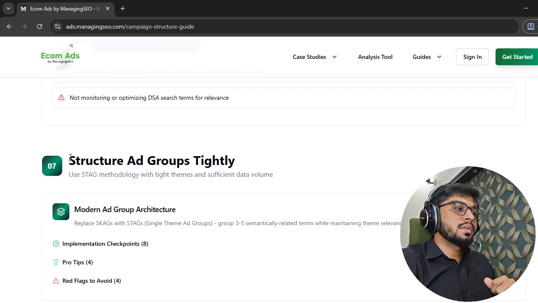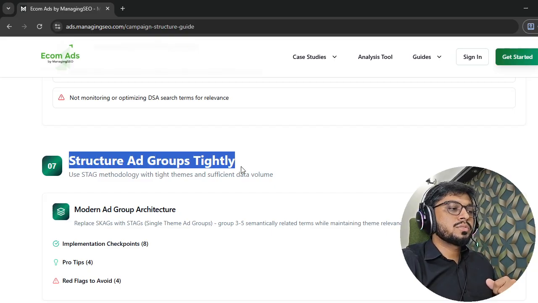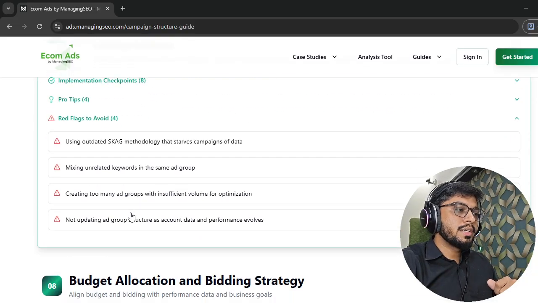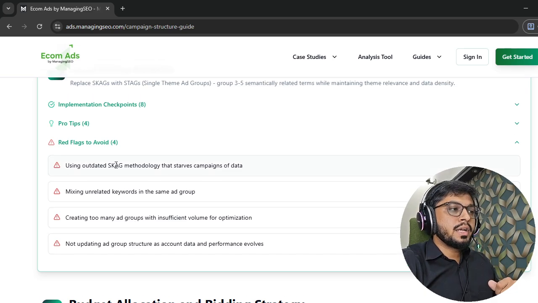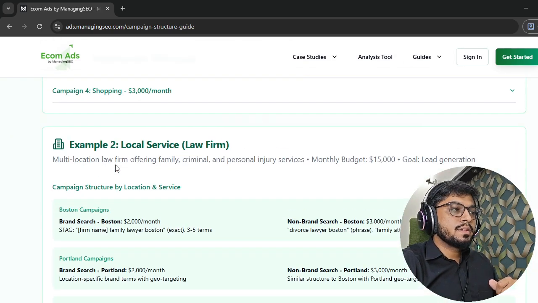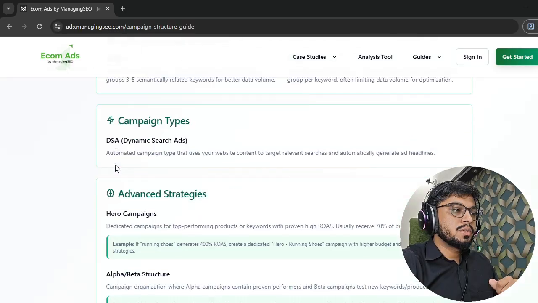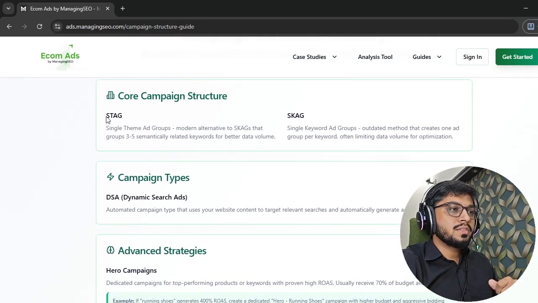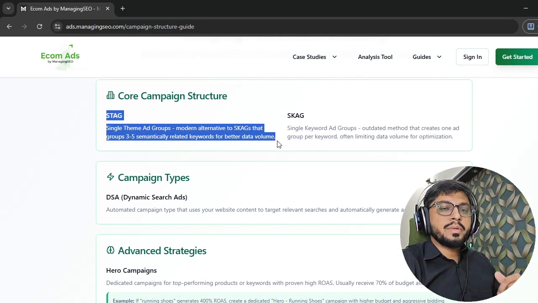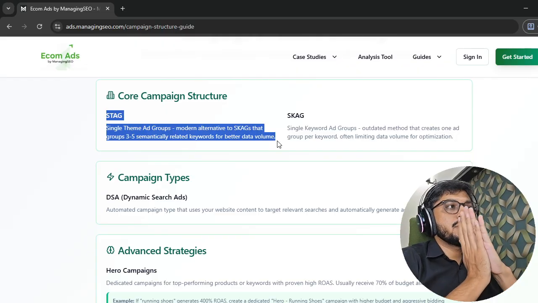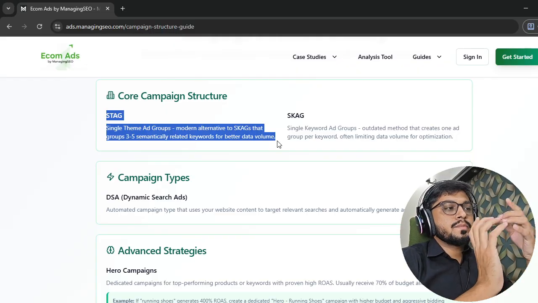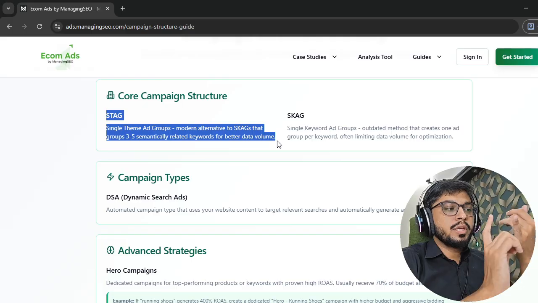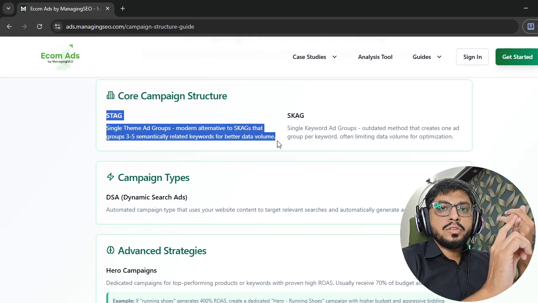And the next point is structure the ad groups tightly. It's the idea that I shared at the start, the SCAGs one. Let me go to the glossary again. At the start I mentioned, let's say we have men's clothing and women's clothing, and in men's clothing we have tops, or maybe pants or shirts.